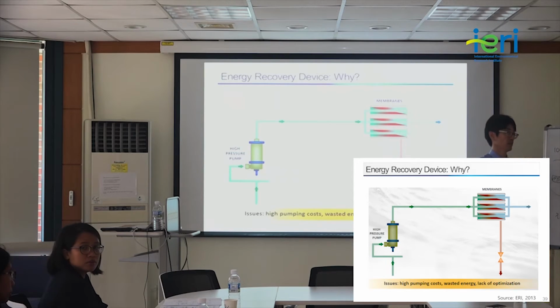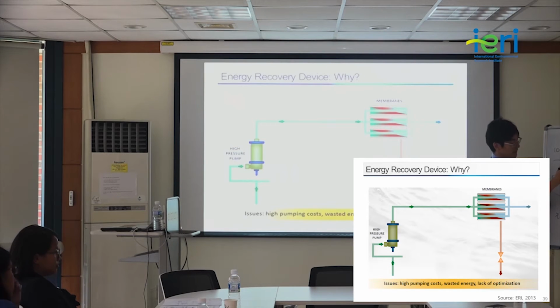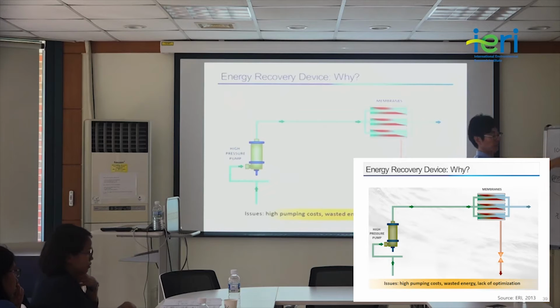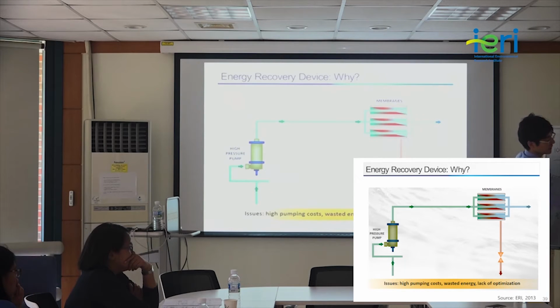So that's the 40% recovery we are talking about here. Let's say that we apply 60 bar of pressure to the inlet of the membrane module. Since the water passes through this membrane, the water pressure will be 1 bar.